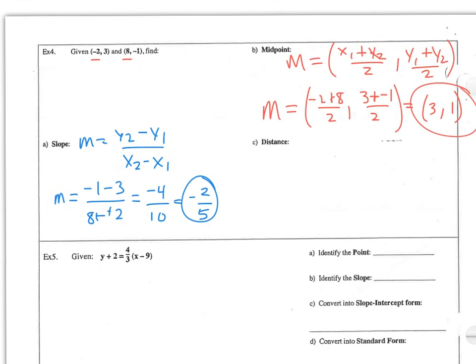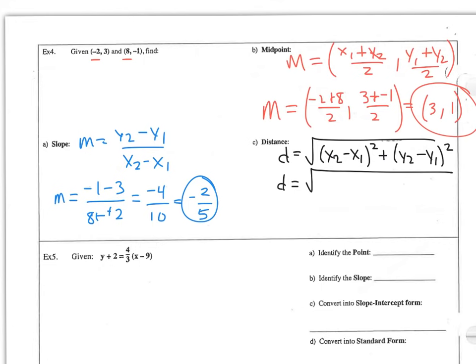Lastly, distance. Distance is equal to the square root of (x2 minus x1) quantity squared plus (y2 minus y1) quantity squared. I am going to just plug in and follow order of operations. So 8 minus negative 2 quantity squared plus negative 1 minus 3 quantity squared.